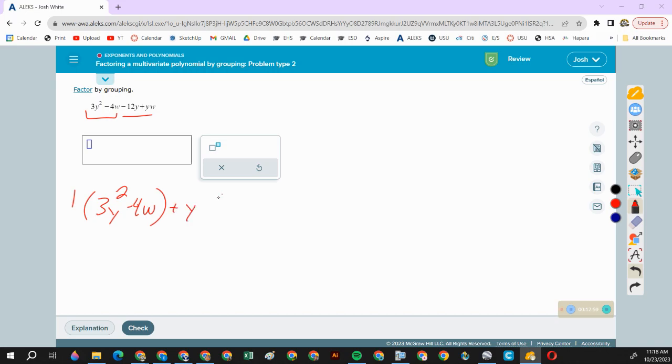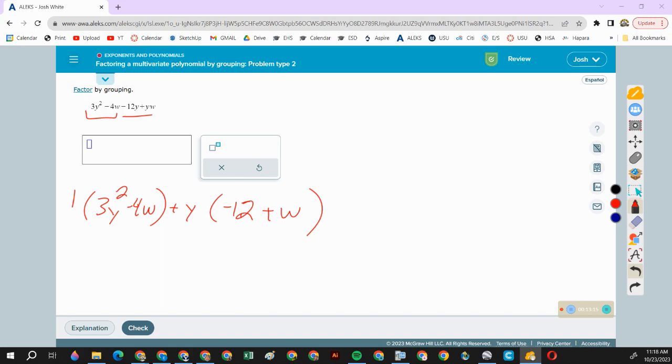So plus y, and then I get negative 12y. Okay, so I'm going to negative 12, thank you. Plus w.